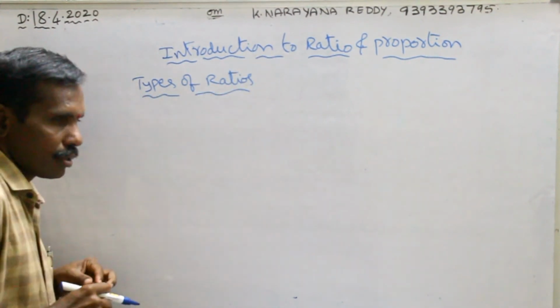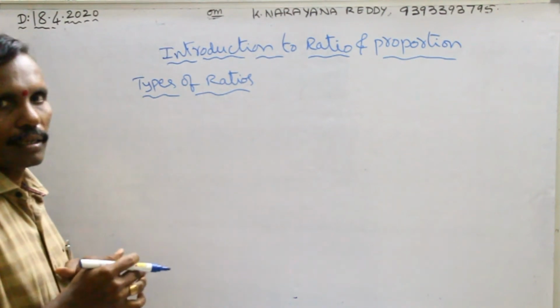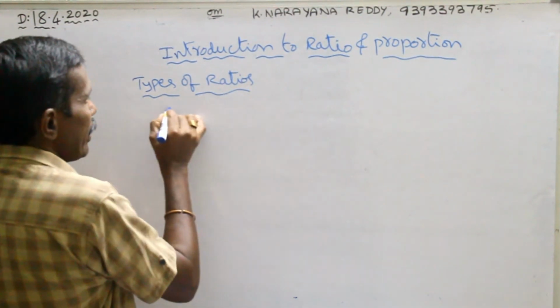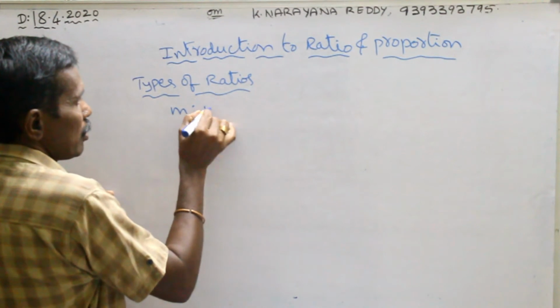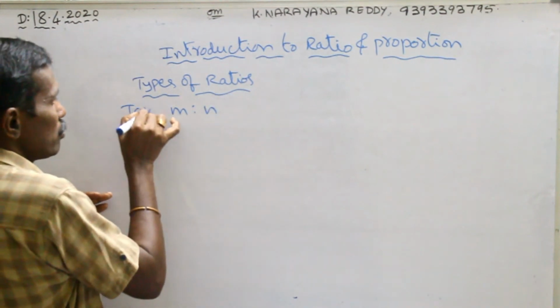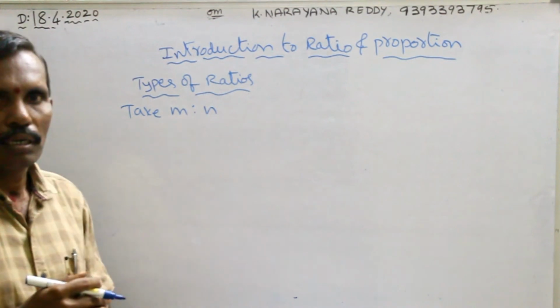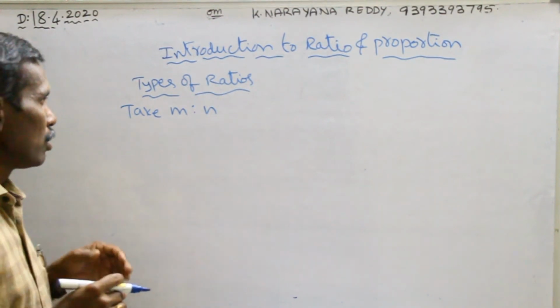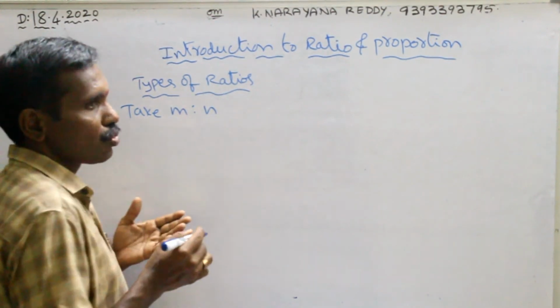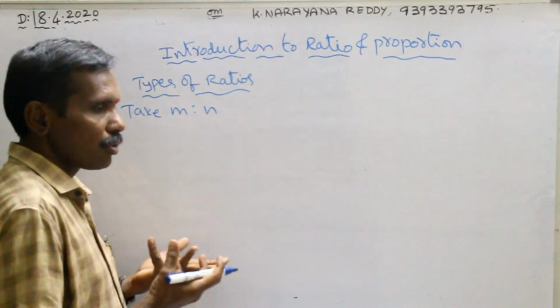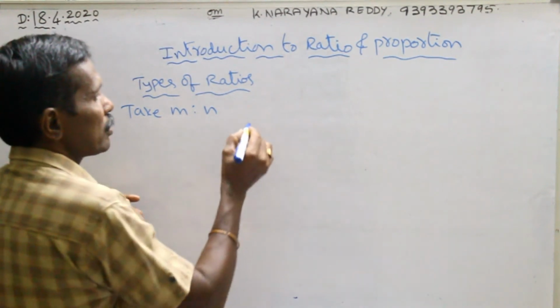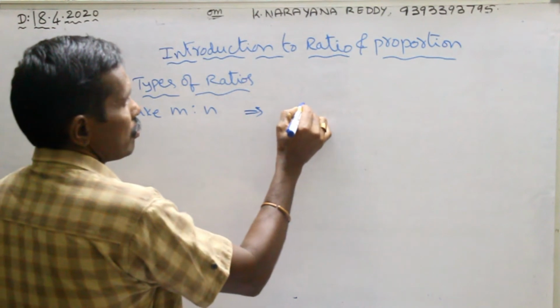Okay, take ratio as m is to n. Take this as ratio. For example, what is the duplicate? Duplicate ratio is nothing but, duplicate is not original. That means what? For example, 1:2.